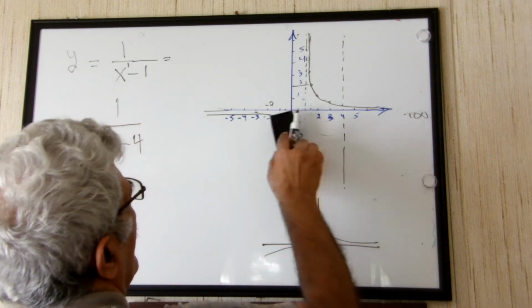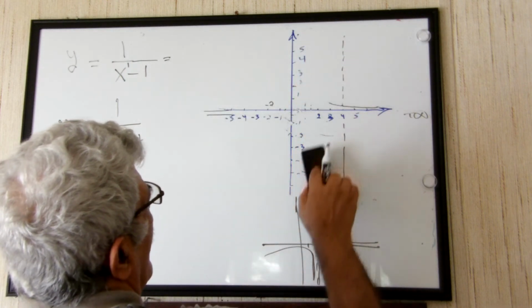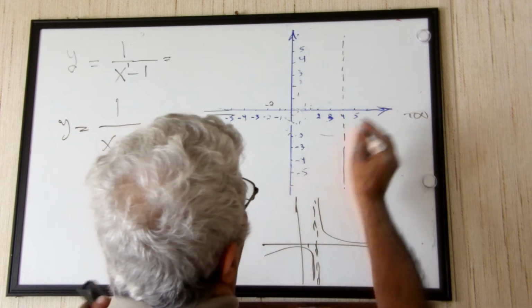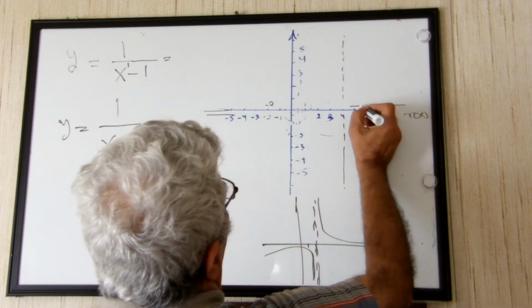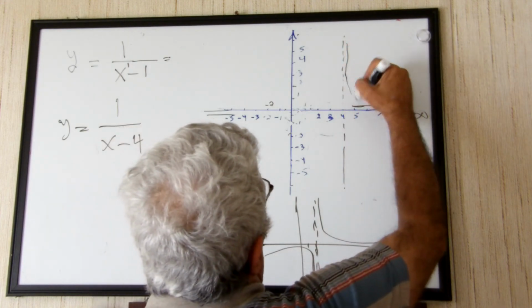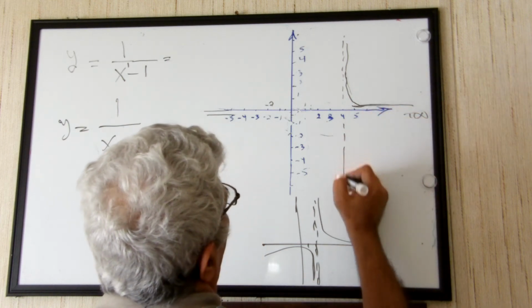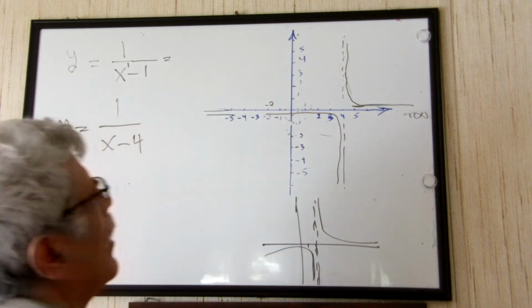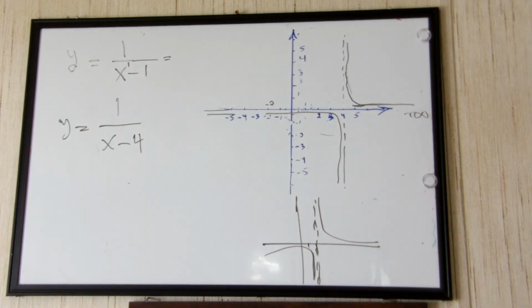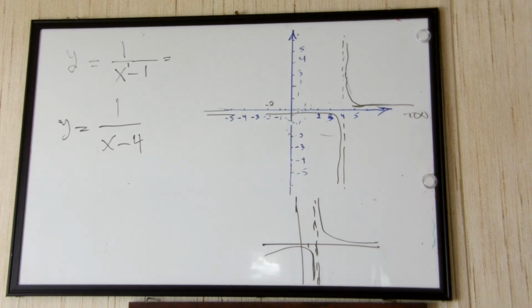If we clear this, it's going to be something like this. Every time you add the number here, it's going to shift this way.